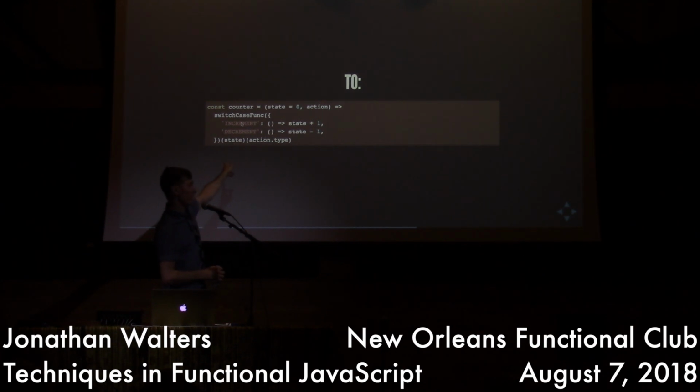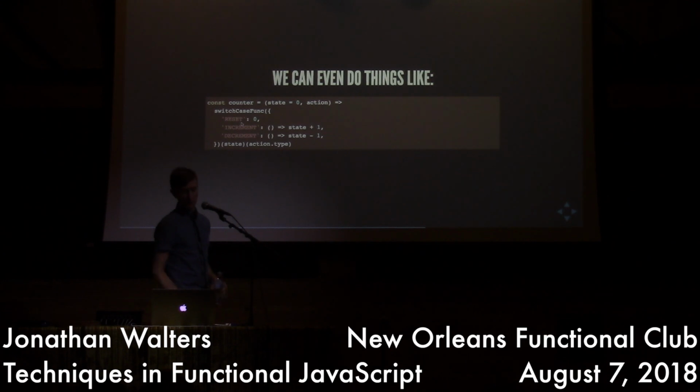The values for each of those keys would be functions that return whatever the state variable is that we've passed it, incremented or decremented by 1. That will operate on the state that we pass it, and then the action type would correspond to the increment or decrement keys.